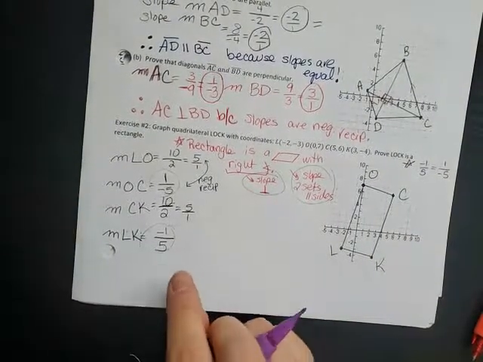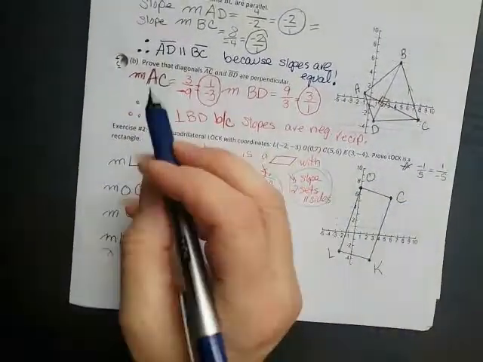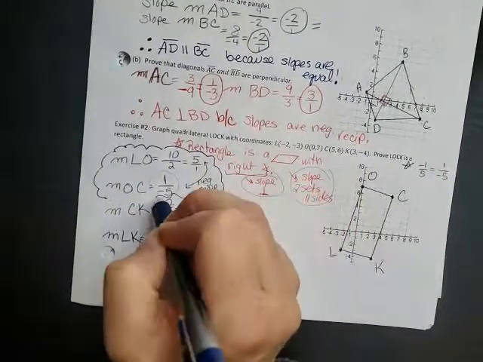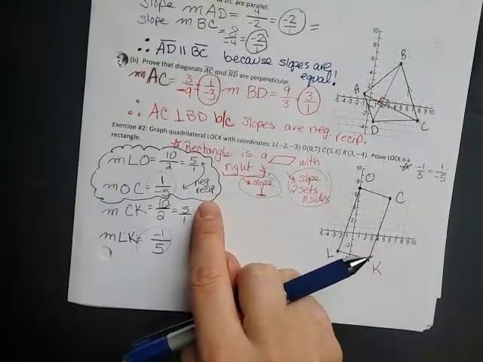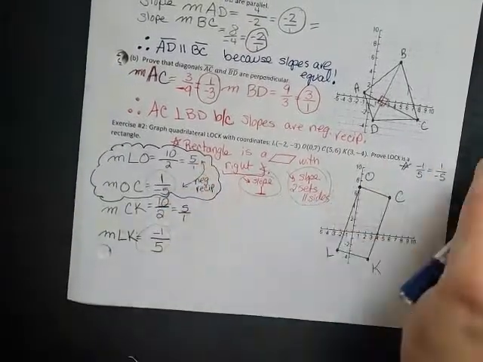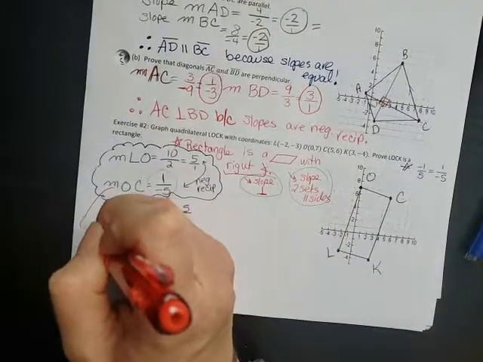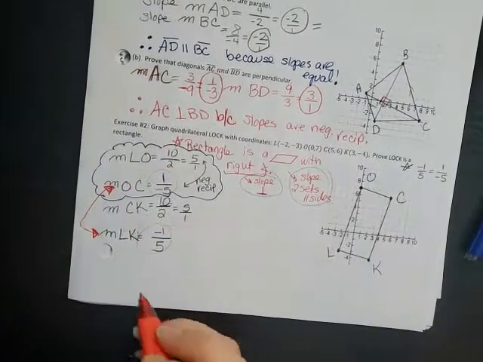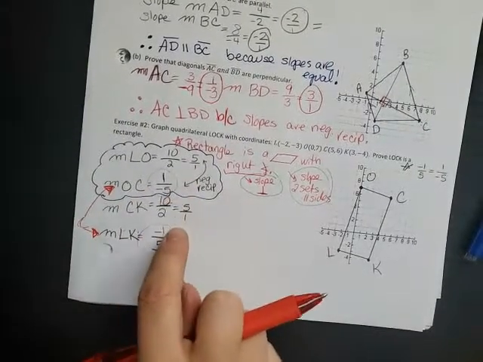But there are some conclusions we can make right now. First and foremost, these two sides, LO and OC, we showed had negative reciprocals, making those ones perpendicular, okay? But if I look at OC and LK here, those are equivalent fractions.